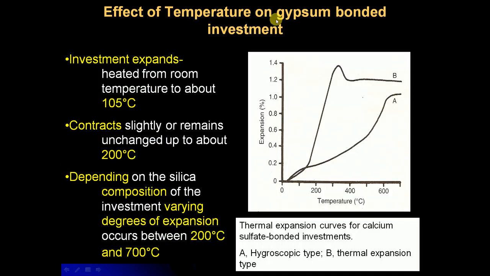Effect of temperature on the gypsum bonded investment: the investment expands as it is heated from room temperature to about 105 degrees Celsius, then contracts slightly or remains unchanged up to 200 degrees Celsius.